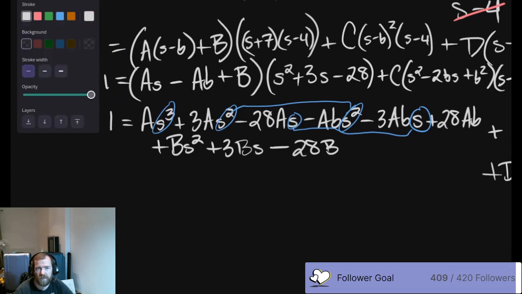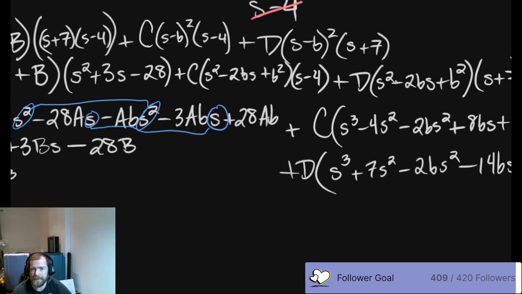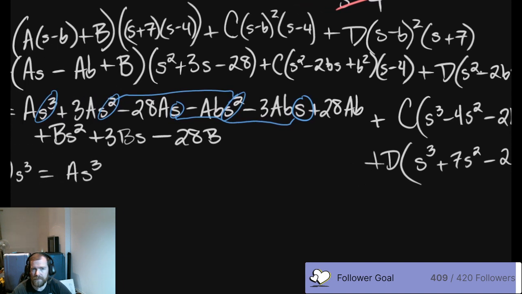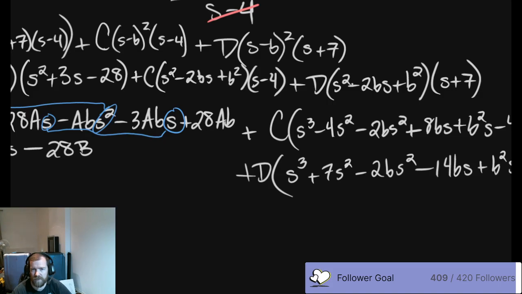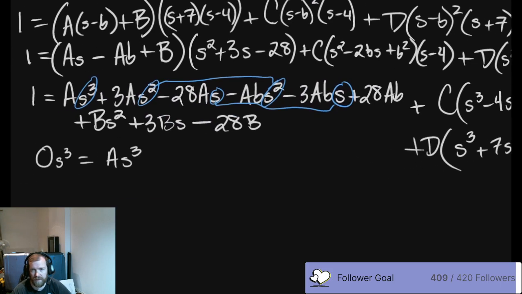So in this particular case, we're going to get 0 s cubed on the left is equal to a s cubed plus c s cubed plus d s cubed.